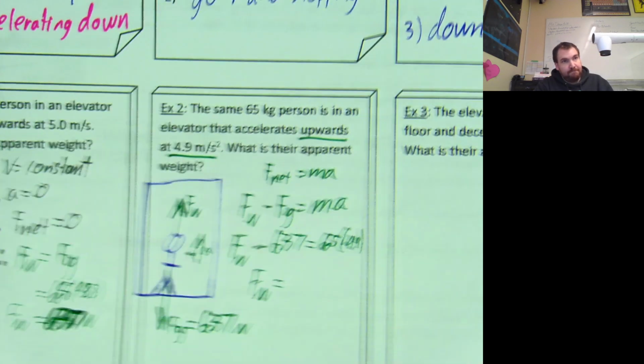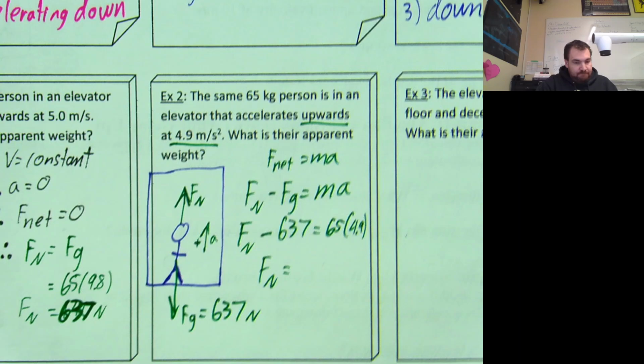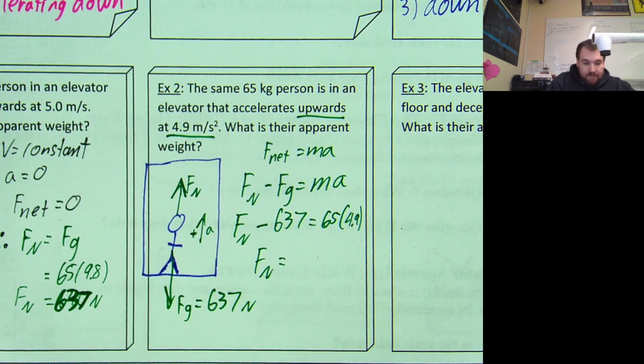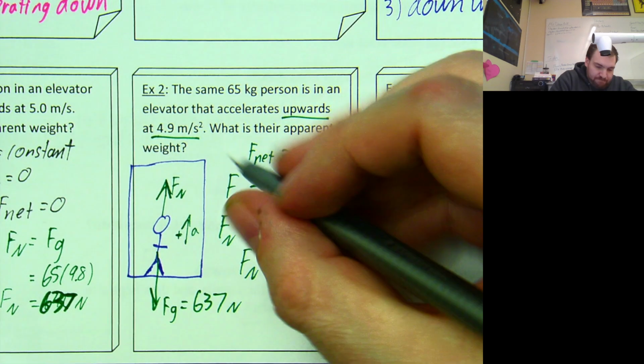Do you have a value for me? 955.5. Okay.